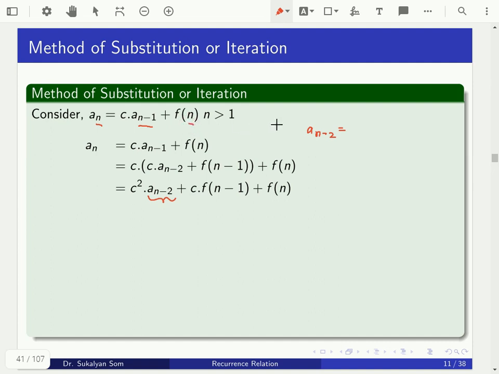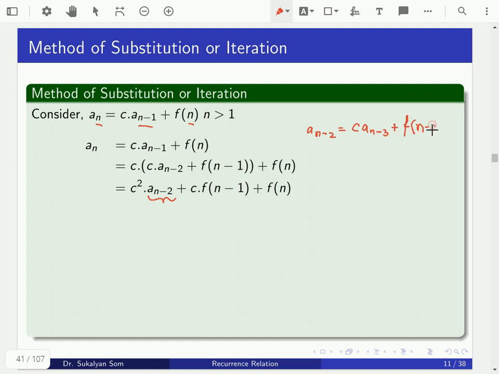Now, if we replace this in place of a_(n-2), again we get c cubed times a_(n-3) plus c squared times f(n-2) plus c times f(n-1) plus f(n).